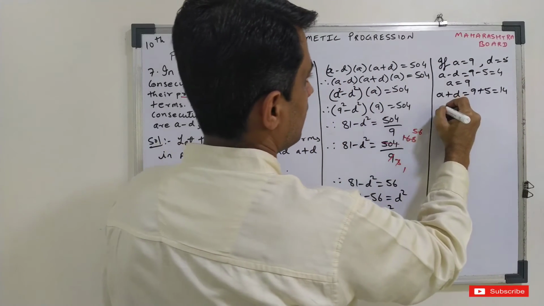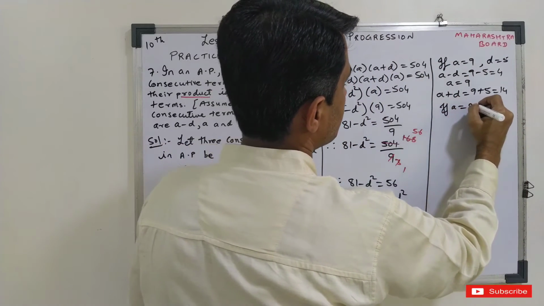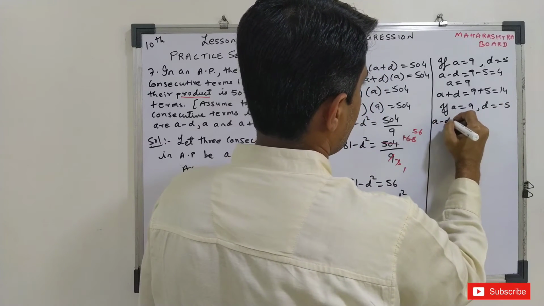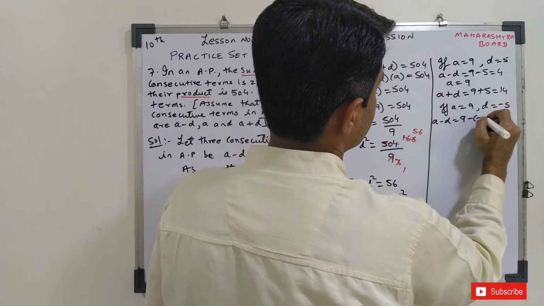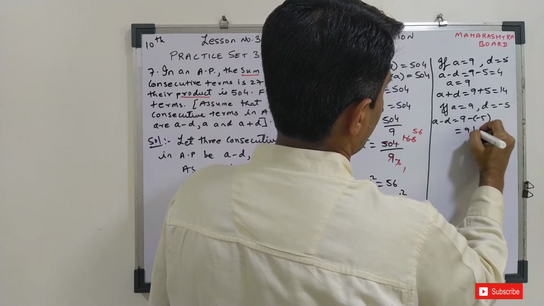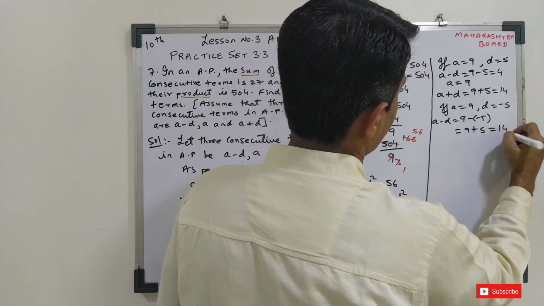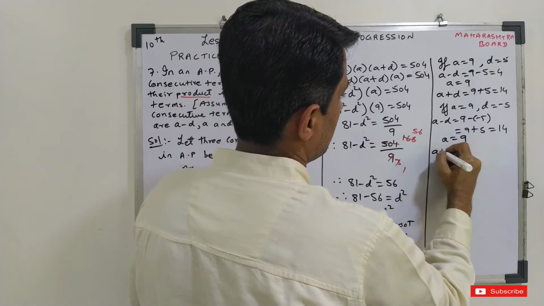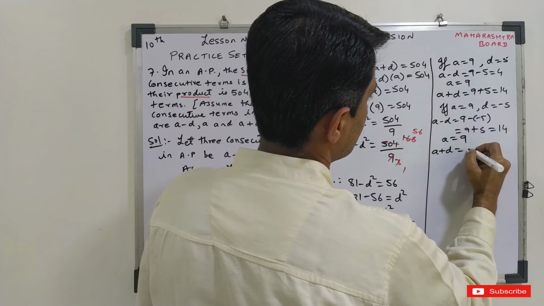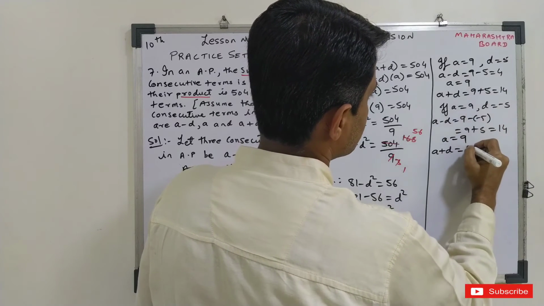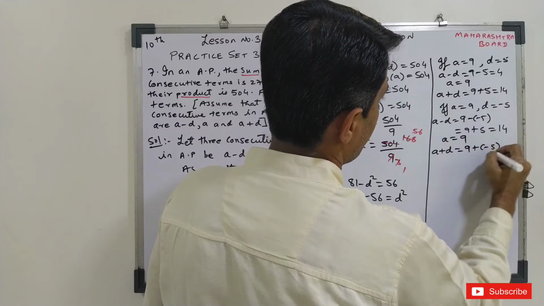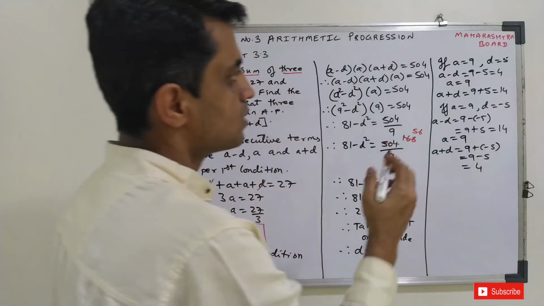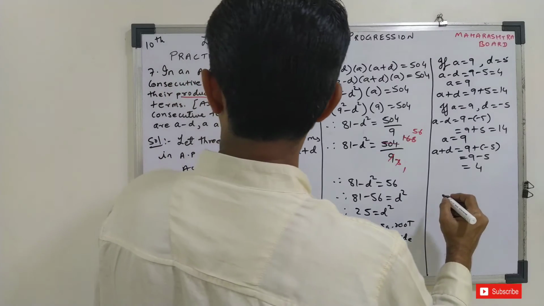Next. If A is equal to 9, D is equal to minus 5. So A minus D means 9 minus minus 5. 9 plus 5 will give you what? 14. A will not change. A plus D means A value is 9 plus minus 5. So 9 minus 5, 4. So two possibilities.